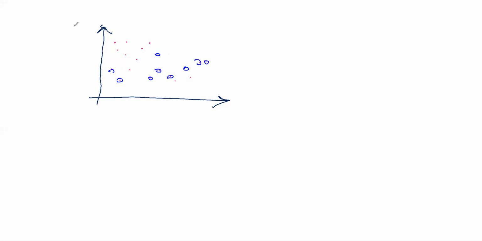So I need to draw a plane. Most likely I will draw a plane which will try to separate this one class and this another class, right? So this is my intelligent learning, what I did. But in case of overfitting, what it does, it tries to fit like this.